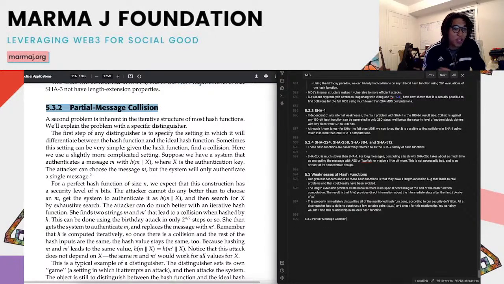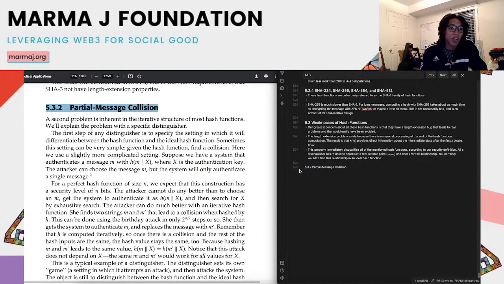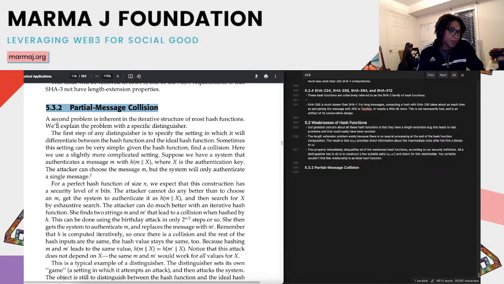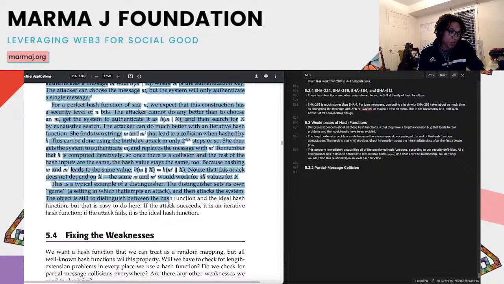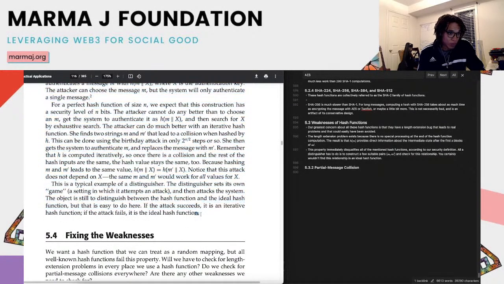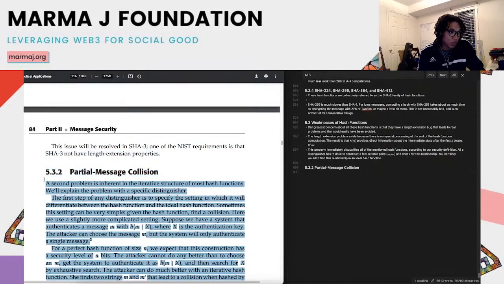I would have rather just gone straight into SHA-3, but they're just talking about more weaknesses now, so let's just read through it. Whoops, having issues. Let's go, Daniel.